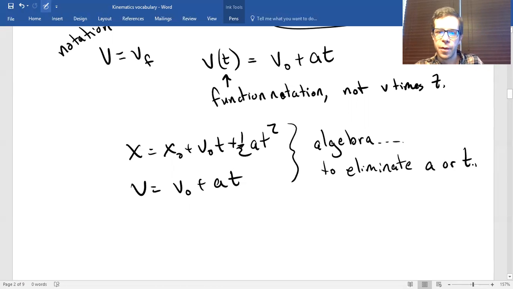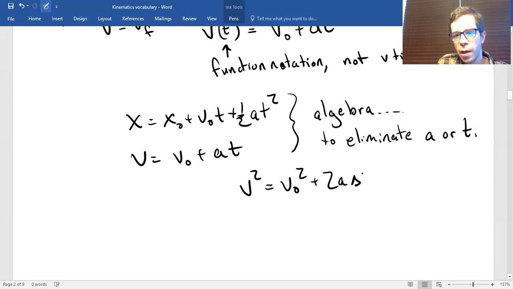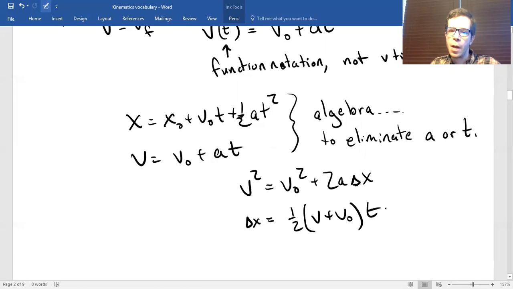And that will give us our last two kinematics equations. I'm going to leave that for you to do if you want to. We end up with v squared is v naught squared plus 2a delta x. And we end up with delta x is 1/2 v plus v naught times t.